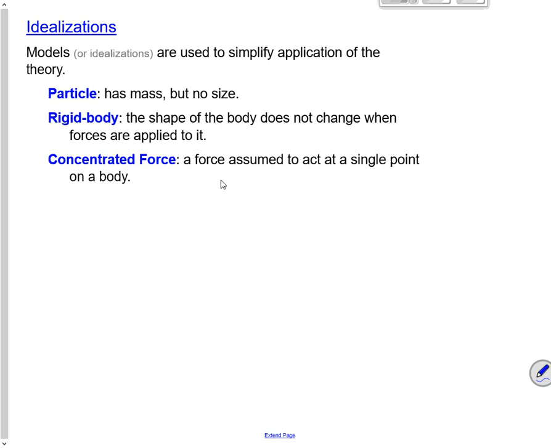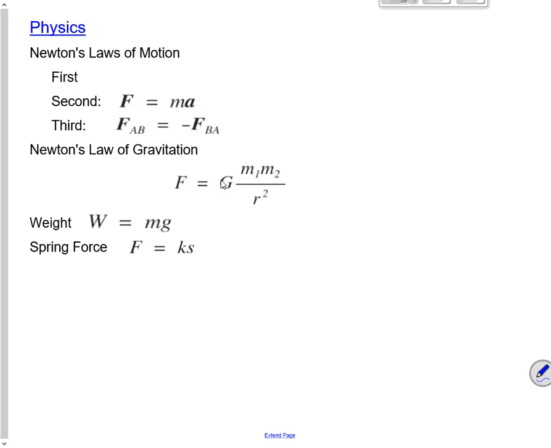And that's one that when I apply forces to it, it doesn't change shape. And the other big idea we use is concentrated forces. We assume that forces act at a single point. In reality, when a force is applied to an object, that force is applied over some area. But for the most part, we're going to ignore that.